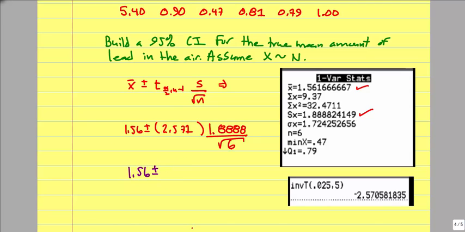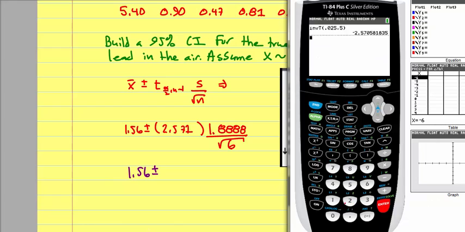And let's go ahead and calculate our margin of error. And we'll take our margin of error out to 3 places. So I have 2.571 times 1.8888 divided by square root of 6.